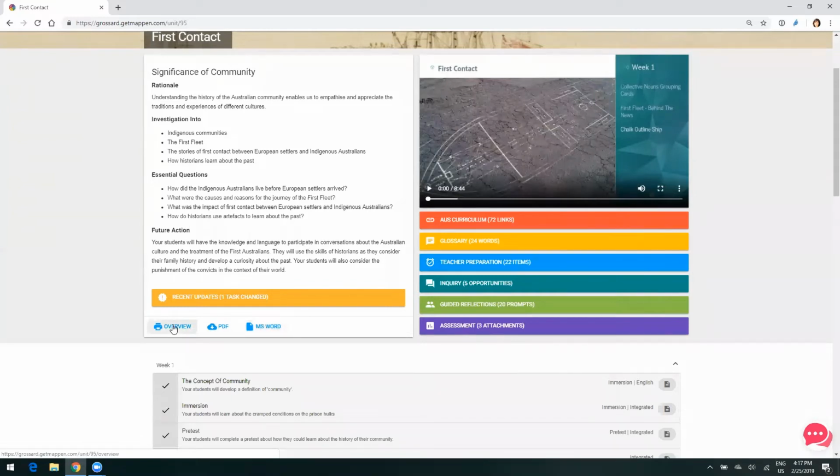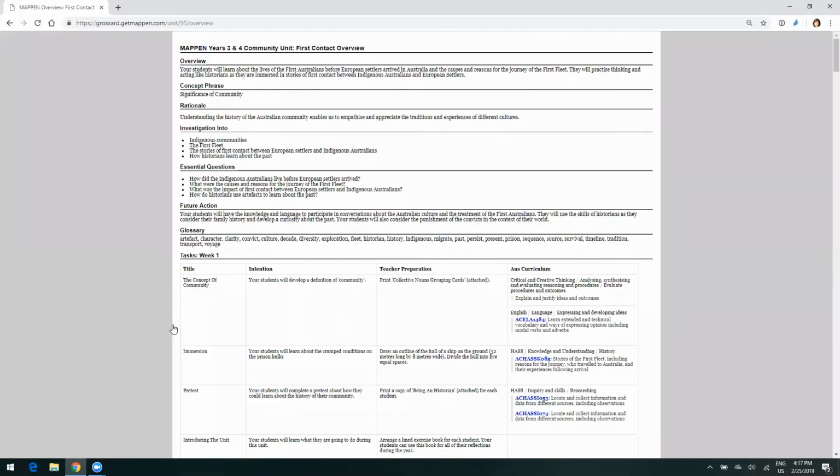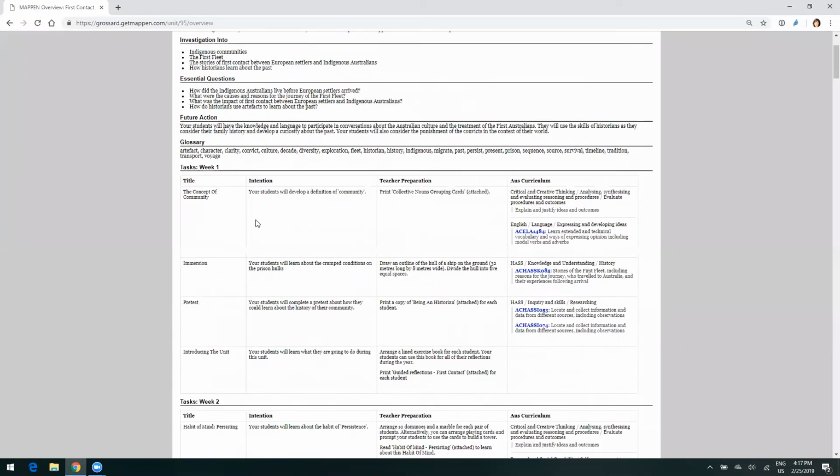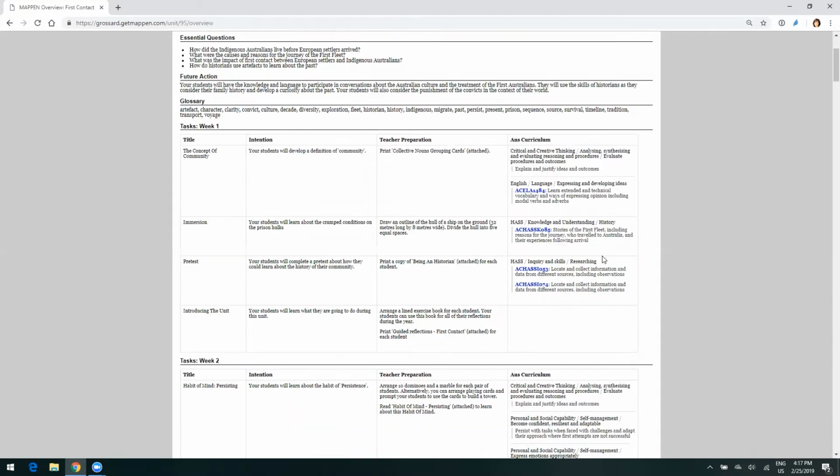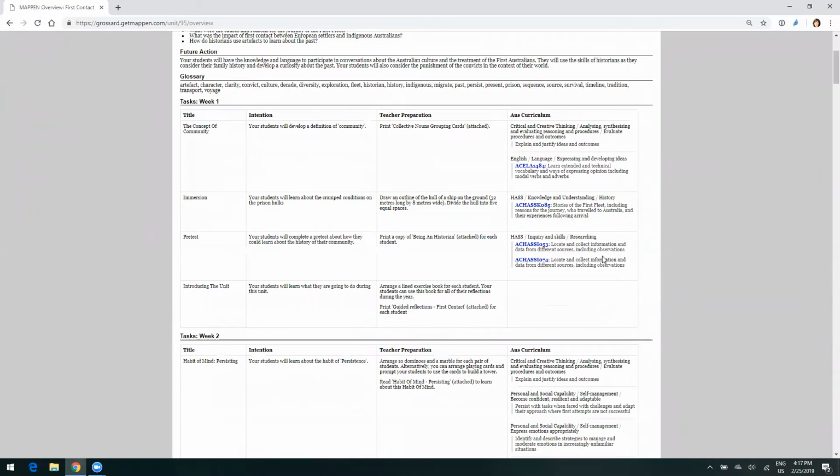If I open the overview, what this does is it takes out of the unit the key elements, and that is the big picture thinking, each of the task titles, the learning intention, what preparation is required, and which of the content descriptions are addressed to some extent in each of the tasks, what has informed each of the tasks.